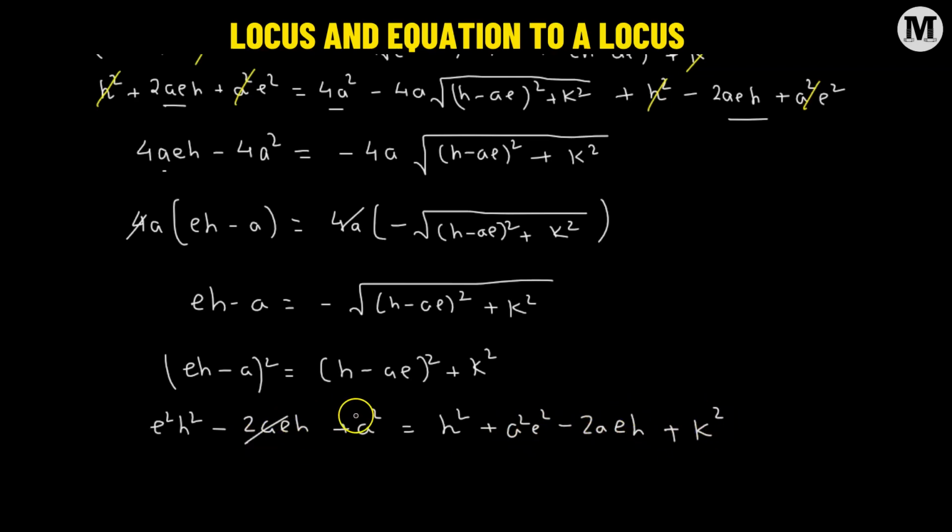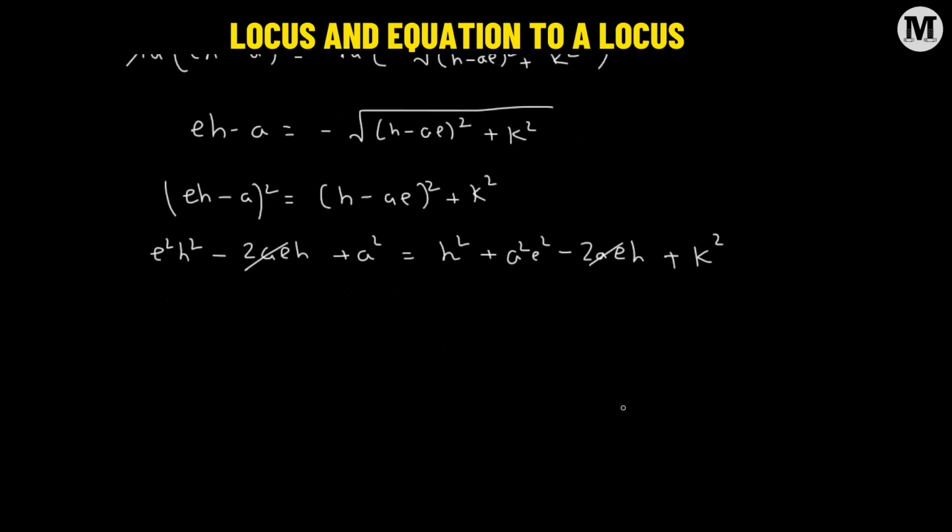So we can cancel out negative 2aeh from both sides, and then we have h squared plus k squared plus a squared e squared equal to e squared h squared plus a squared.